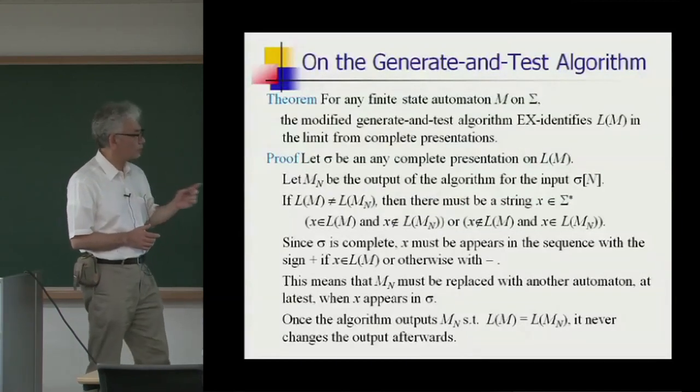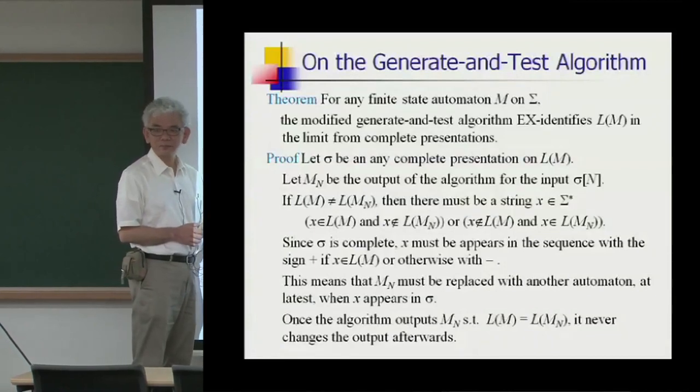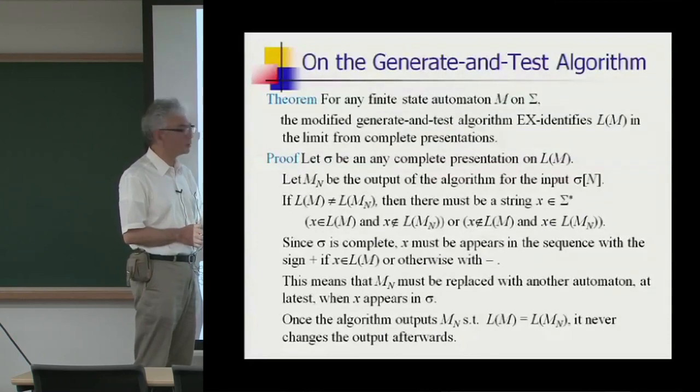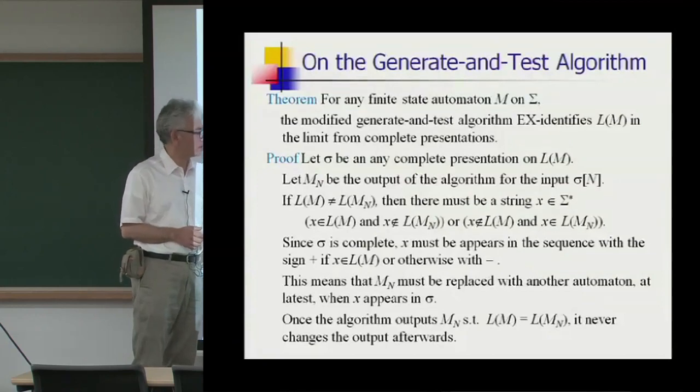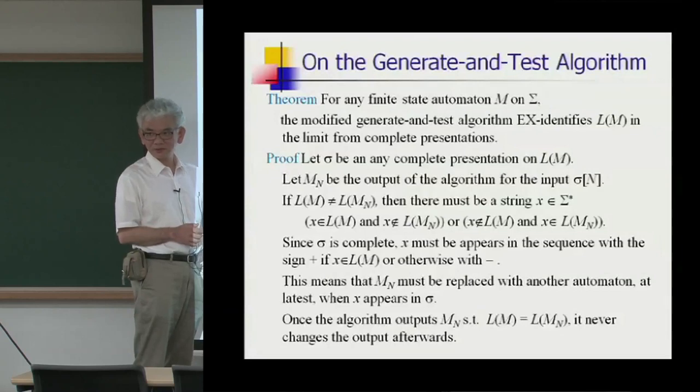If the two languages are different, the two languages meaning the language generated by the unknown automaton and the language of M sub n, which is the current conjecture provided by the learning algorithm.